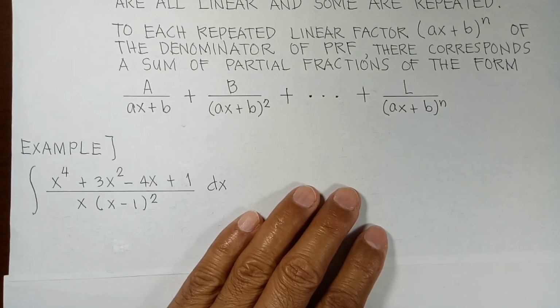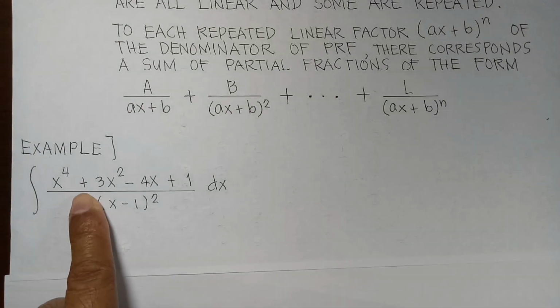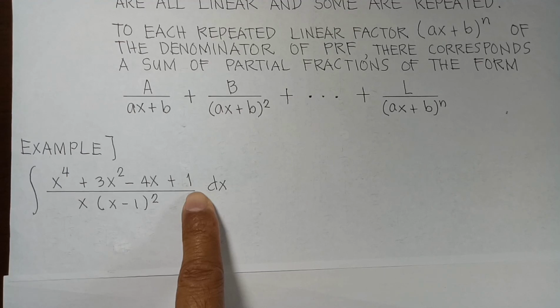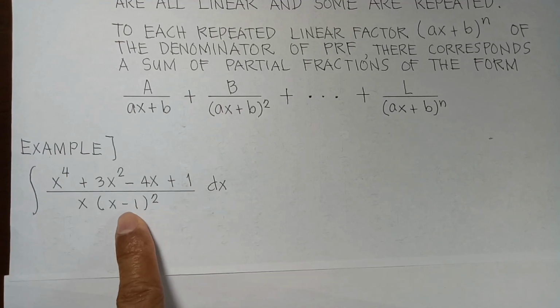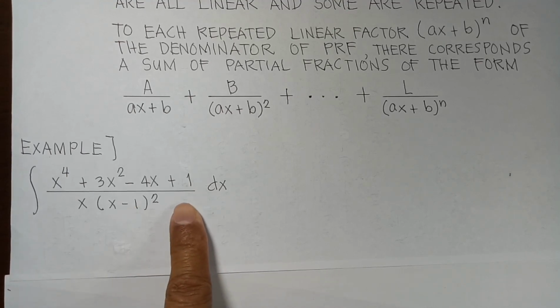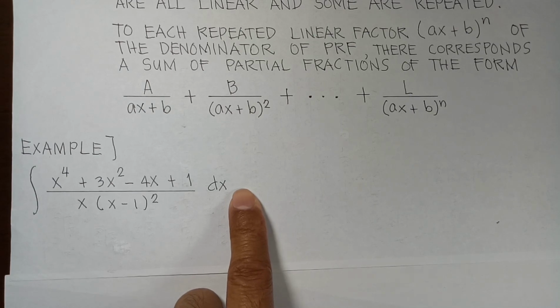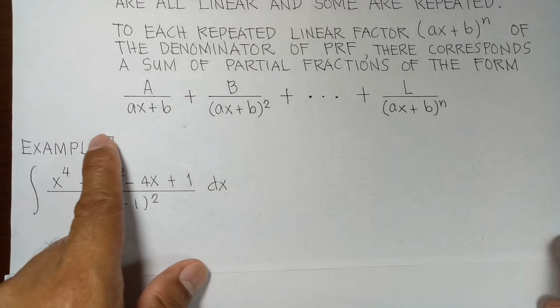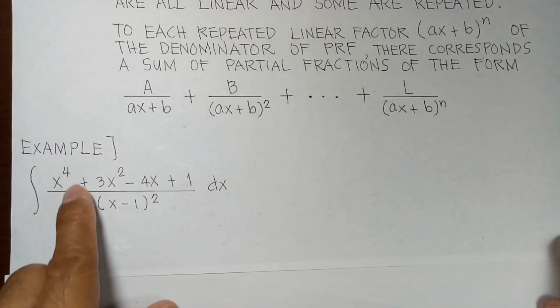So our problem, the integral of x to the fourth plus 3x squared minus 4x plus 1 divided by x times x minus 1 squared dx. First, we need to identify whether the given rational fraction is proper or improper.